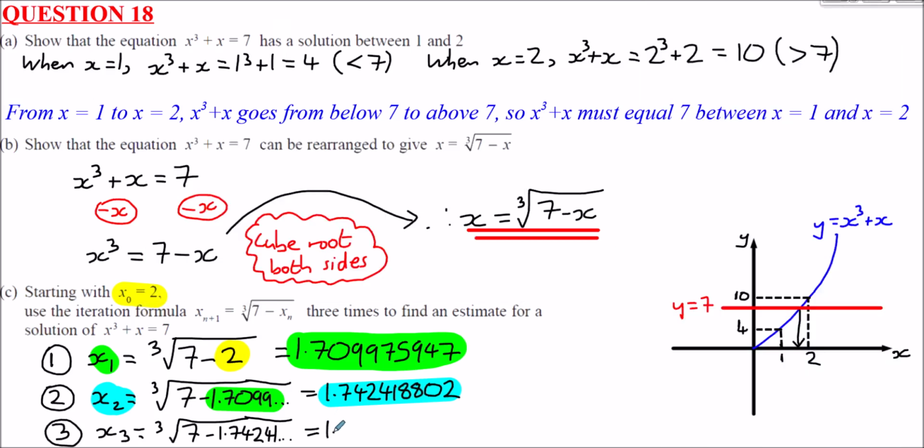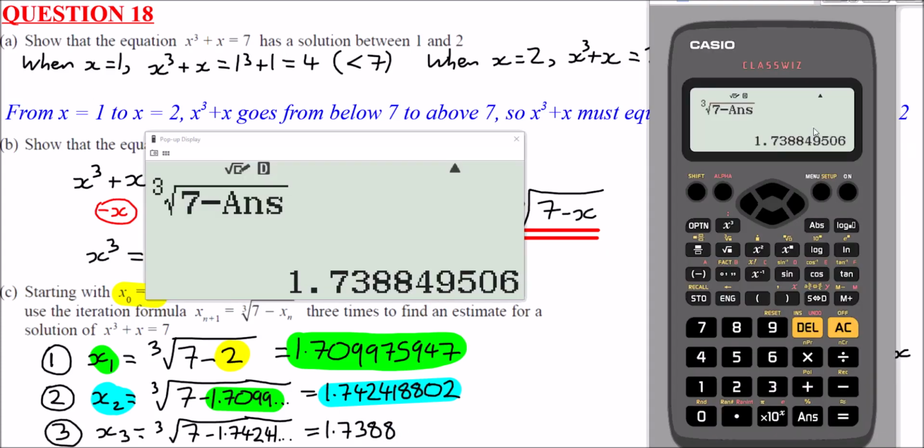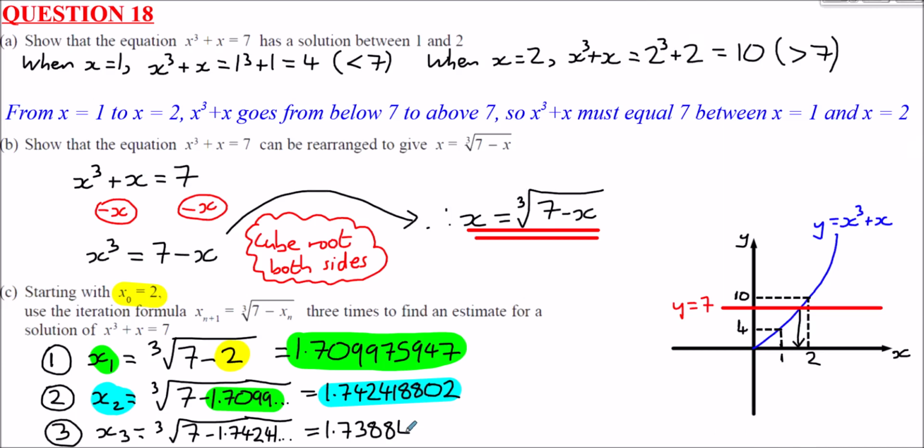1.7388. And put a few more numbers on, why not? 1.738849506. So that's x3. So the estimate is, if you look at these two values here, they're getting closer.